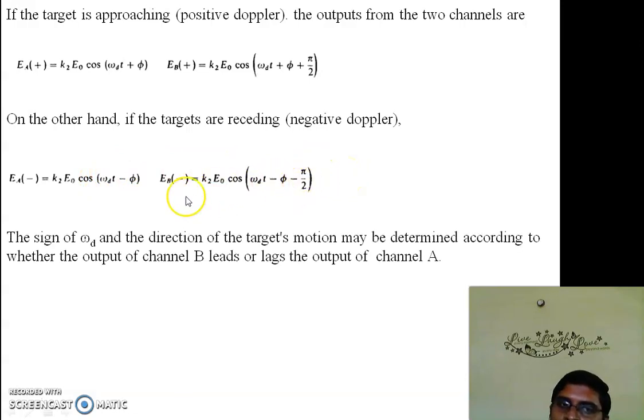So the sign of omega d t and the direction of target motion may be determined according to whether the output of channel B leads or lags the output of channel A. By identifying whether channel B leads or lags channel A, we determine the sign of the Doppler frequency shift and also the direction of target motion. This is the technique to find whether the target is approaching the radar or moving away from the radar.